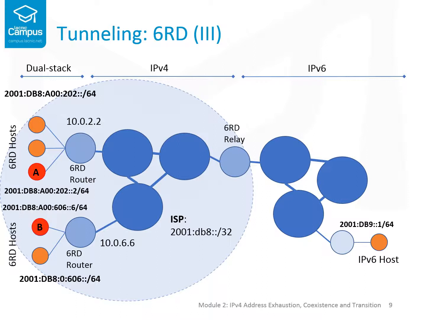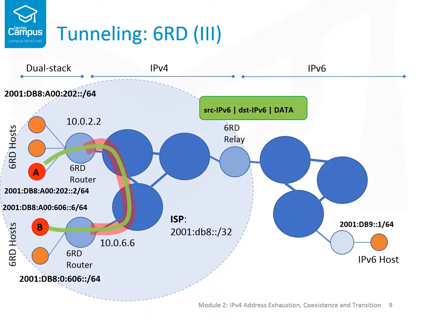From then on, these two hosts are ready to communicate among themselves. How? Native IPv6 packets would travel over the LAN to the 6RD router, where they will be encapsulated in IPv4 and sent to the other 6RD router. There, the packets will be de-encapsulated and sent to the IPv6 host, host B.